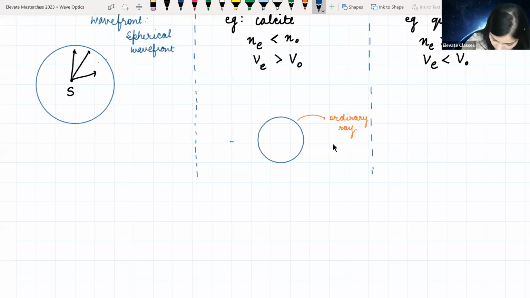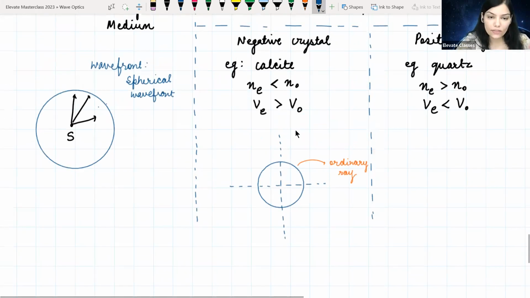But now if I consider what will happen to the extraordinary ray, because ये क्या है, it is a negative crystal, तो यहाँ पर VE, because NE जो है is less than N naught, so VE अगर मैं maximum value देखूं VE का, तो it's greater than V naught.